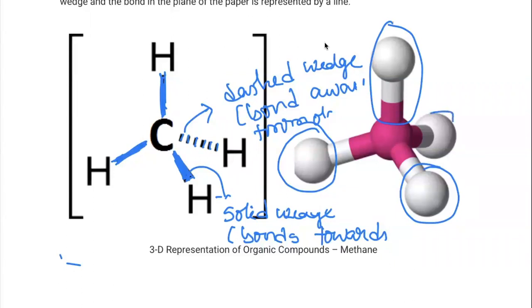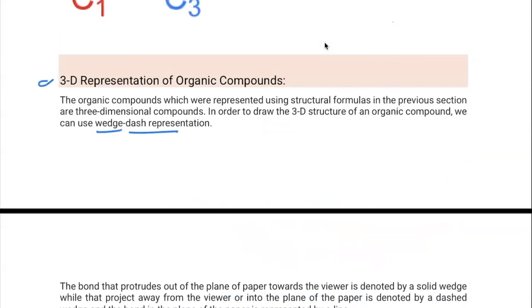And this is the observer. This bond is away from you. Yes or no? Tell me, understood or not? Yes. So this is actually the 3D representation of bonds, the 3D representation of organic compounds.